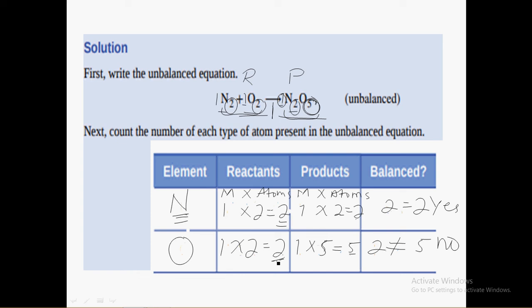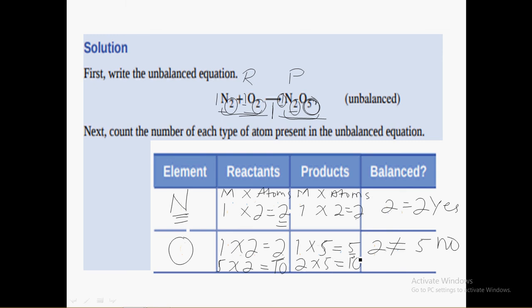So to get 5 here, we have to multiply by what? If we multiply by 2, it will be 4. If we multiply by 3, it will be 6. So we can only multiply here 5 times 2 to get 10. And we multiply here 2 times 5 to get 10.